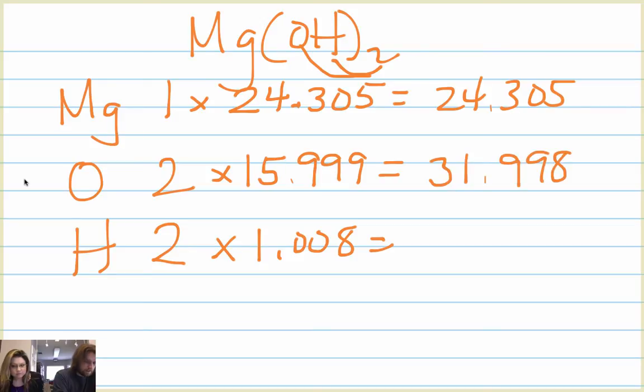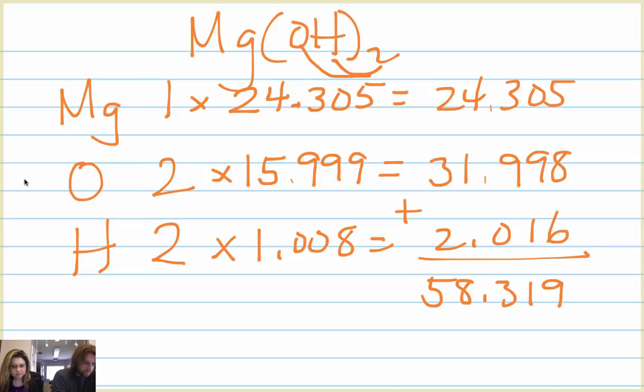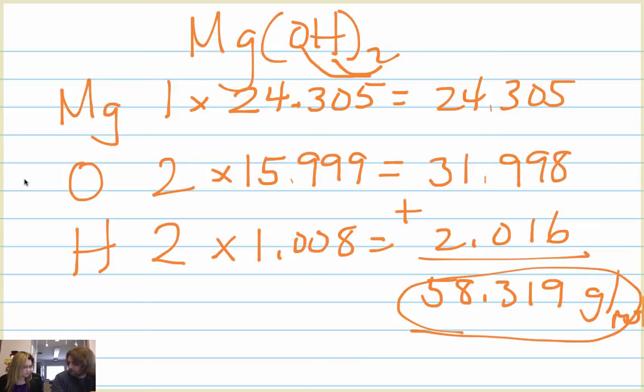Multiply these together to get our numbers, and then add those up to get the molar mass, which is 58.319 grams per mole. So this right here is what we're going to use as our whole, and these are going to be our parts. Part divided by whole is going to end up being your percent.